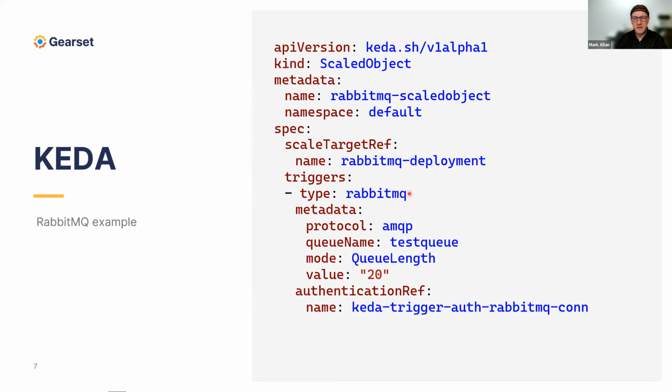We're telling it that we want to scale on a RabbitMQ queue, and then a little bit of configuration that's Rabbit specific, and a little secret reference to say where the queue is. So with just a few lines of YAML, we can tell Kubernetes to scale up this particular container to the size that it needs to be to work off this particular message queue.